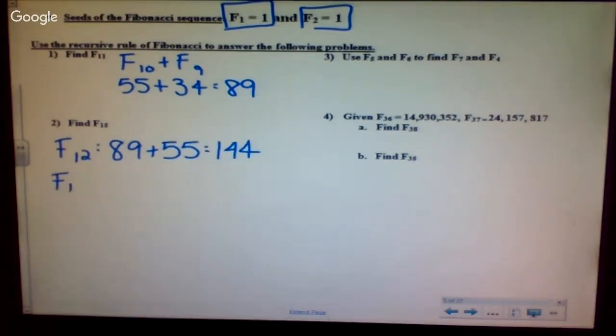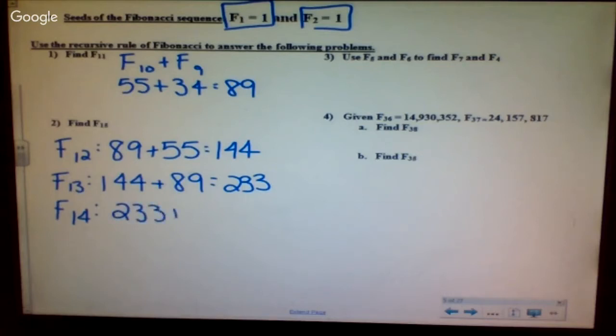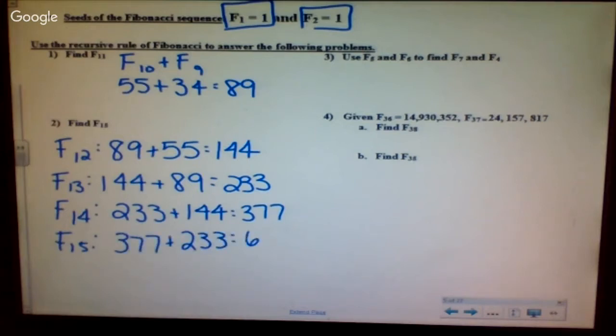Then I need to find f sub 13. So 144 plus 89 is 233. So we have to do all of them up till 15. That's the part that sucks. I now need to get 14, so I add 233 and 144, which is 377. Now we can get f sub 15. So 377 plus 233 gives you 610.